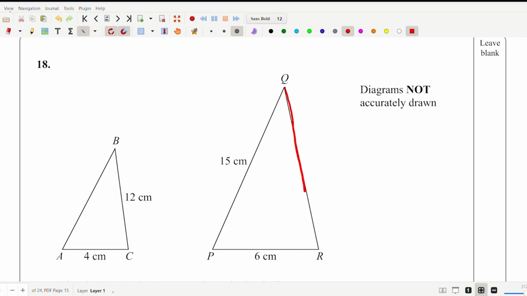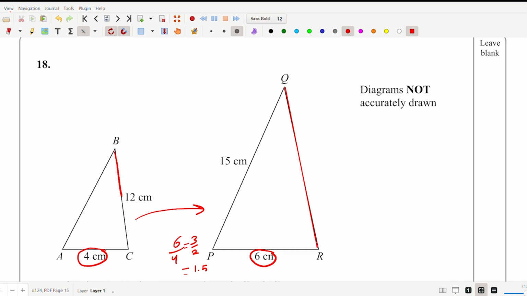We need to find out length QR. As you can see, there is a similarity here. That means they changed 4 to be 6 cm. That means 6 over 4, which is 3 over 2, which is equal to 1.5. So I should multiply to find the QR.